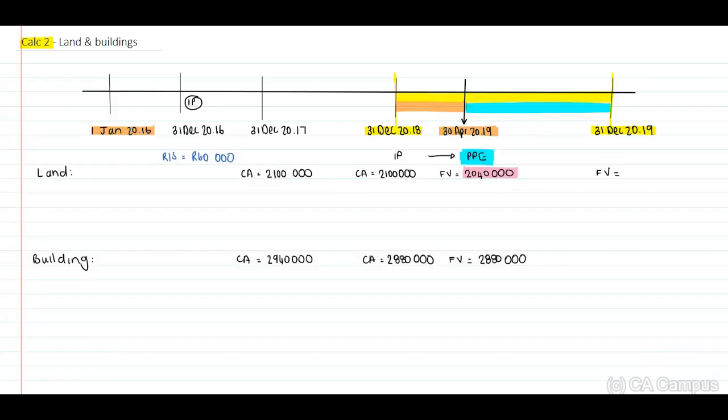2040. Therefore, we need to transfer our asset at fair value into our PPE note, right? And in terms of our building, we need to transfer the building at fair value 288,000.